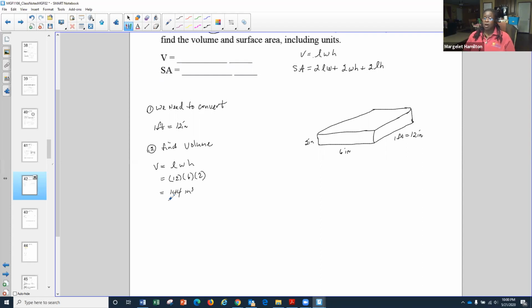So volume is always in cubic units, and area is always in squared units. Okay, so cubic units. If you get anything right on the test, anything right on the homework, it should be the units. Okay, so your volume, 144 inches cubed.